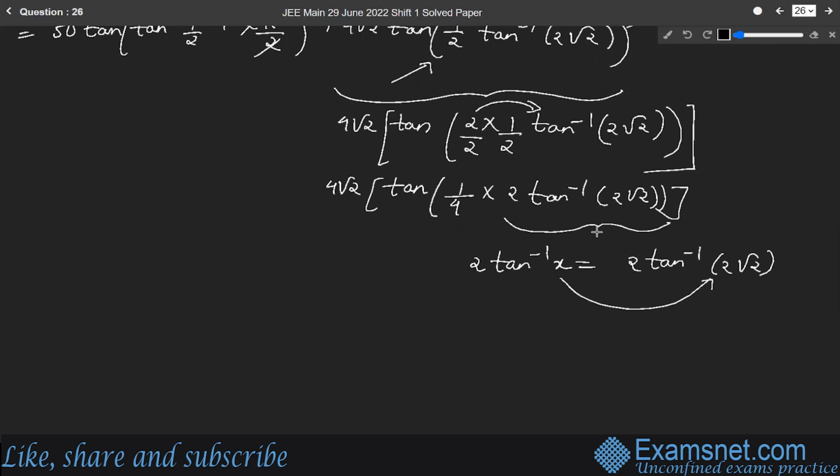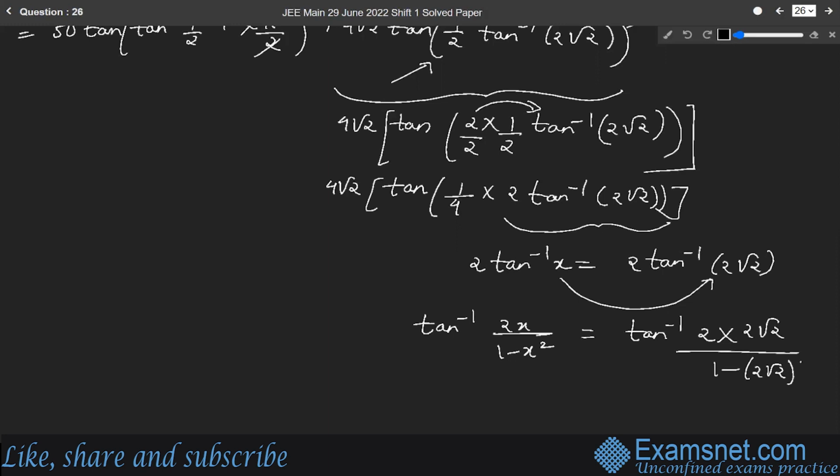Now what is the formula for 2 tan inverse x? It is tan inverse 2x upon 1 minus x square. All right. So it will be tan inverse, what is 2x? 2 into x. Now what is x here? X is 2 root 2 divided by 1 minus 2 root 2 whole square. All right. So when we solve this, its value will be equal to 1 by root 2.